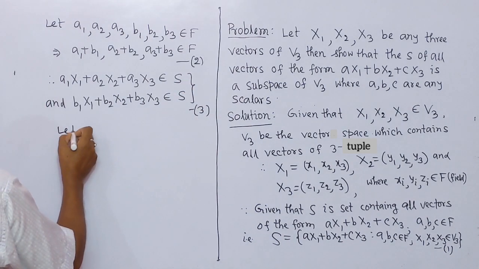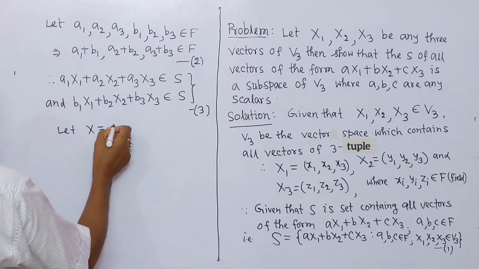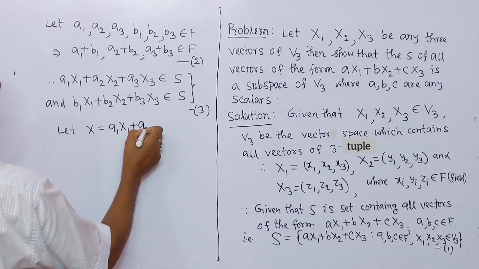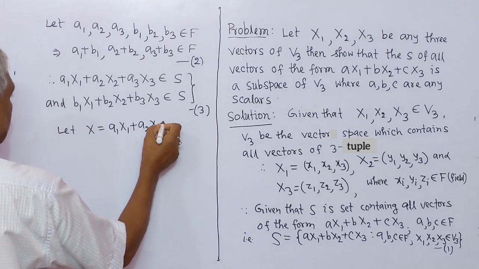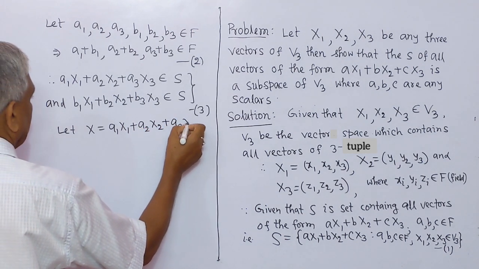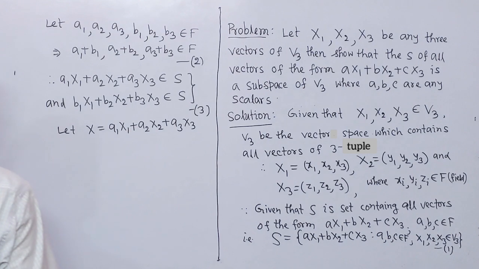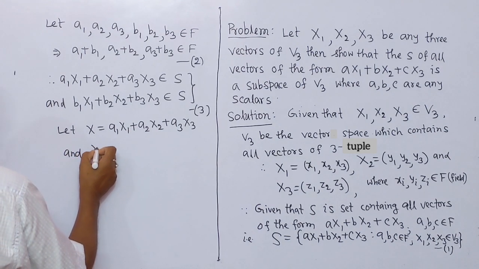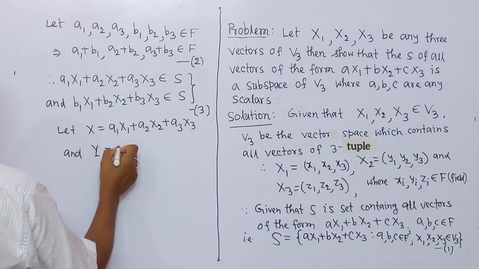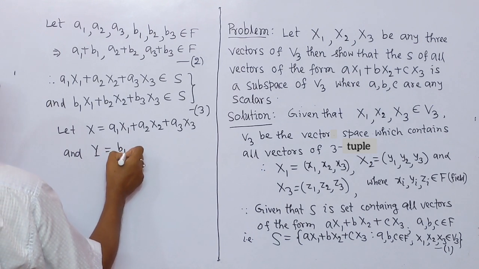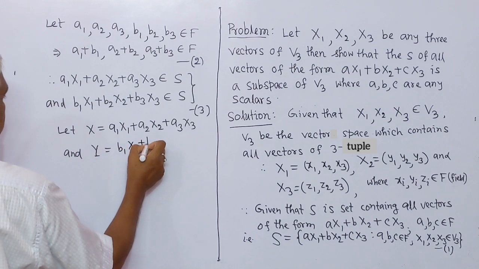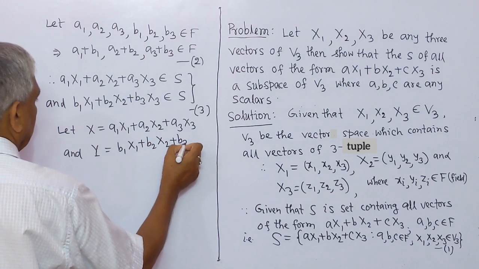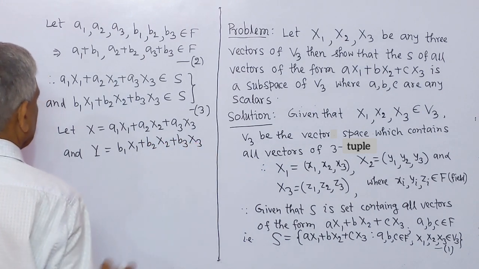Let capital X equal to A1 x1 plus A2 x2 plus A3 x3 and capital Y equal to B1 x1 plus B2 x2 plus B3 x3.